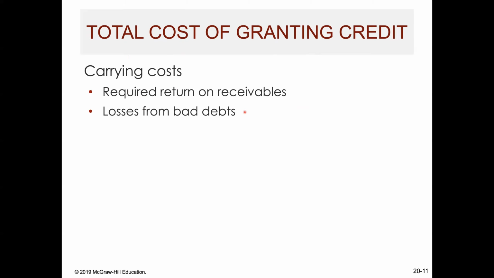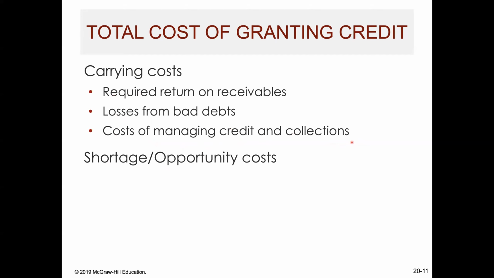This is when customers don't pay and we won't ever get them to pay. We have to write it off. Finally, costs of managing credit and collections. So we have to look at accounts receivable. We have to have people on our staff who are helping to collect those funds from customers. So these are the carrying costs that are associated with granting credit.